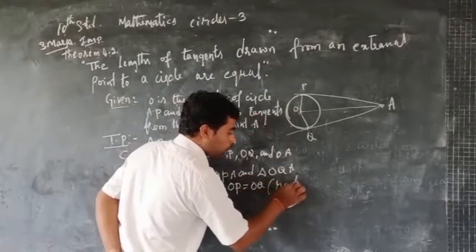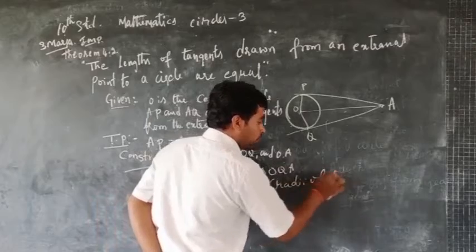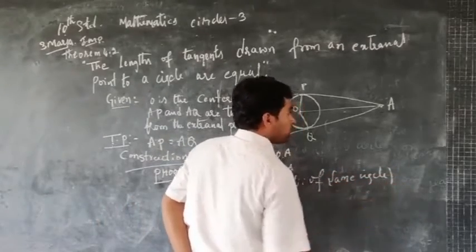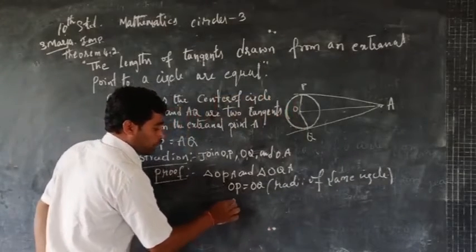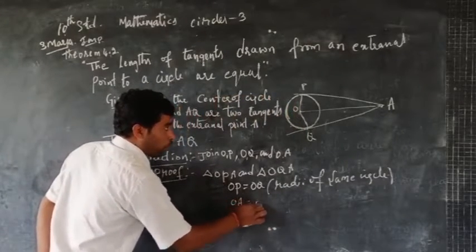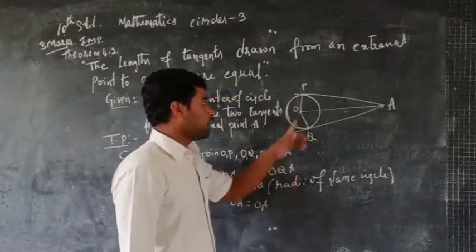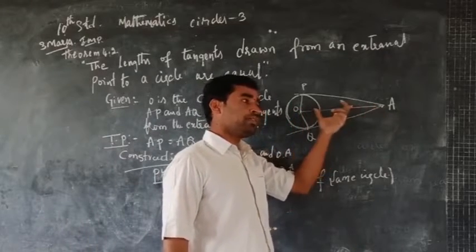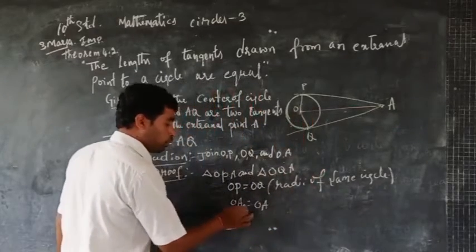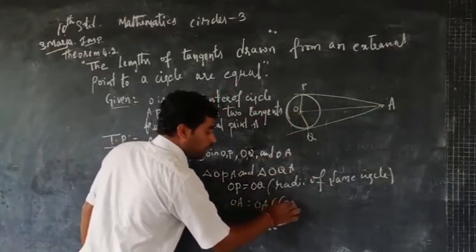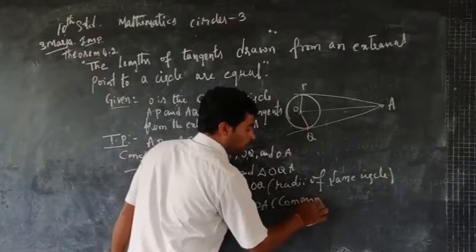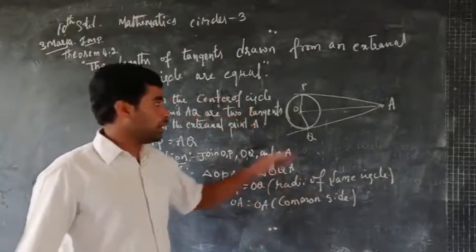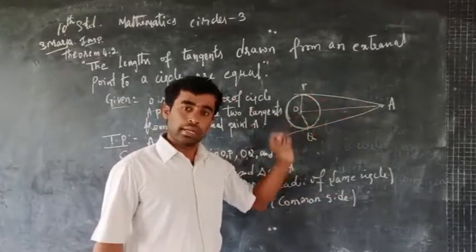Then we can write the length of OA is equal to OA. In these triangles, OA is the common side. Therefore OA is equal to OA. See, this is the common side for the 2 triangles.